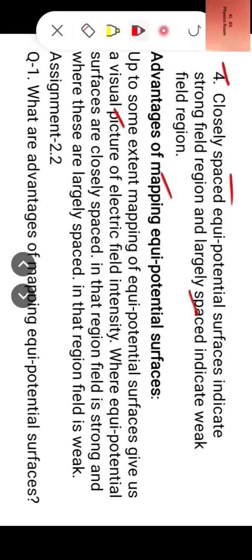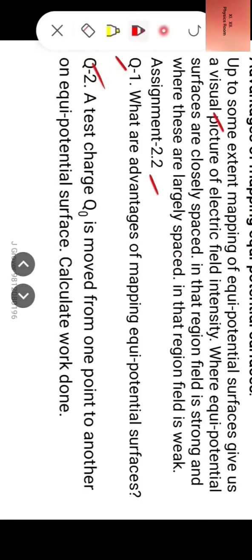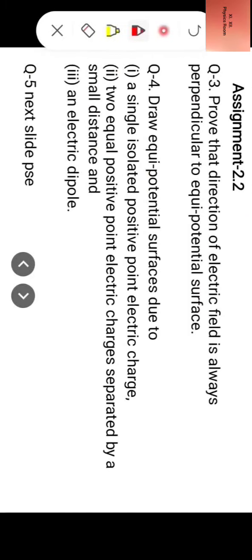Okay. Now, assignment 2.2. Question number 1: What are the advantages of mapping equipotential surfaces? Question number 2: A test charge Q0 is moved from one point to another on an equipotential surface. Calculate work done. Question number 3: Prove that the direction of electric field is always perpendicular to the equipotential surface.